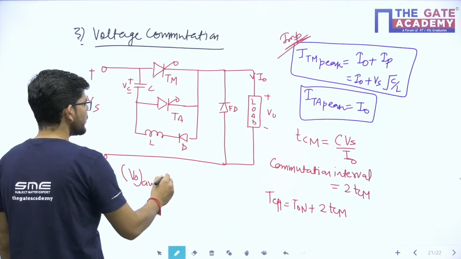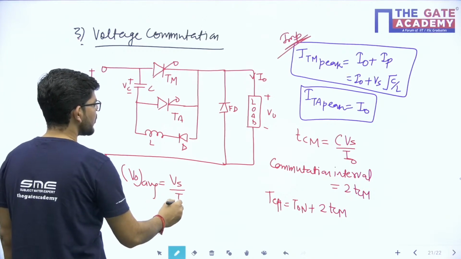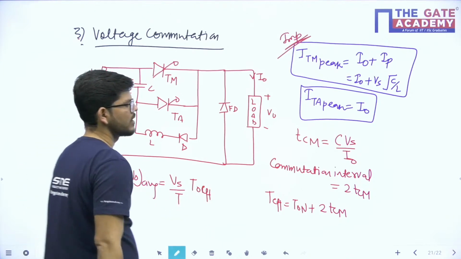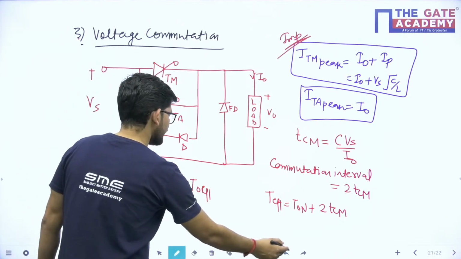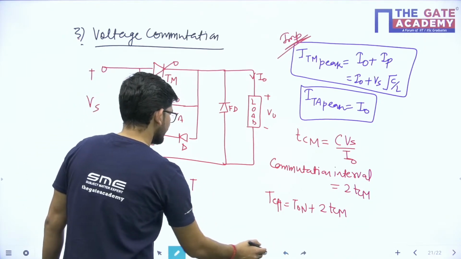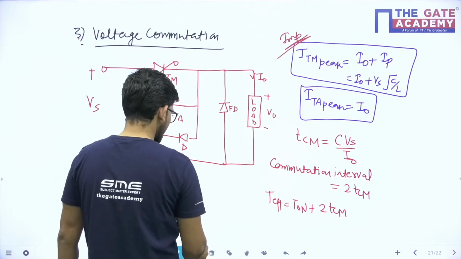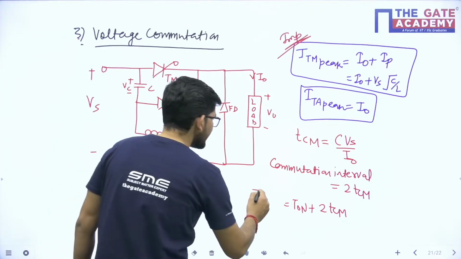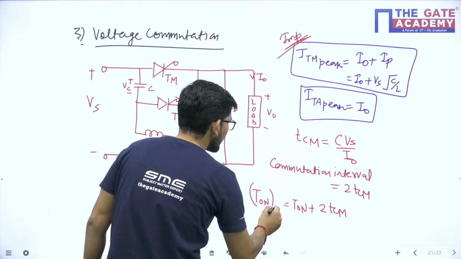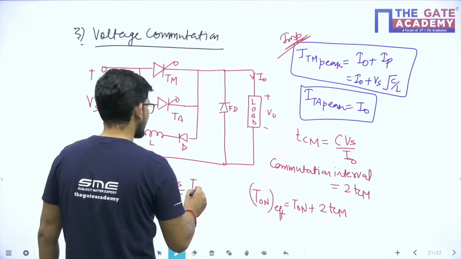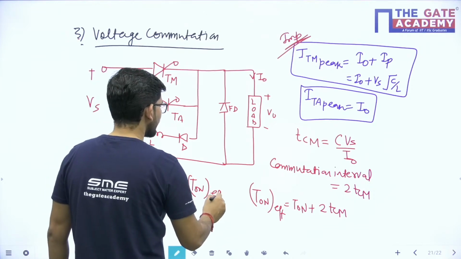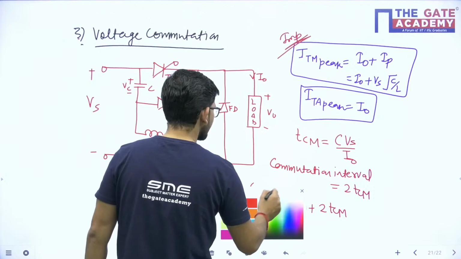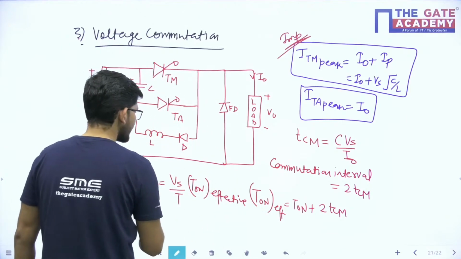The value of V naught average will be Vs upon T into T on effective. This is known as T on effective, the effective on time. So this is how you will calculate the average voltage in the voltage commutation circuit.